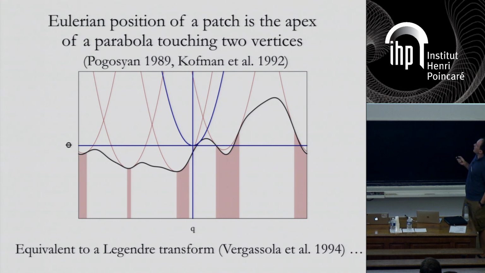You expect that in potential wells structures form, and where the potential is high you get a void. The way you map from the initial conditions to the final conditions is to put these parabolas on this and connect neighboring points by parabolas. The apex of each parabola tells you the final position of the patch of matter that was between those two points.